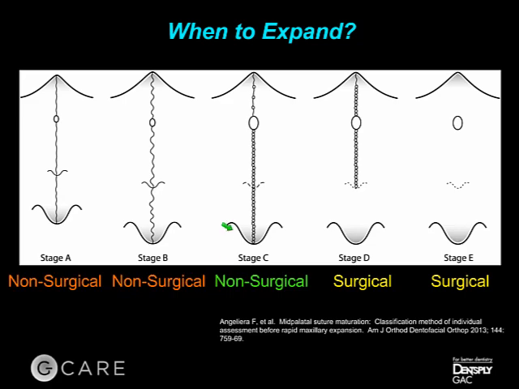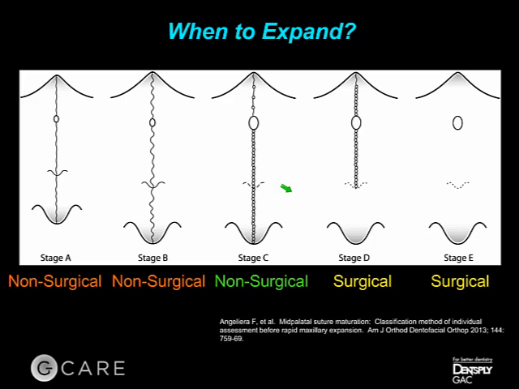As the kids start to mature, this stage where there is still some immaturity of the suture can linger long into late adolescence and early adulthood. So these types of patients may have the ability to be expanded effectively much later than you would typically think.